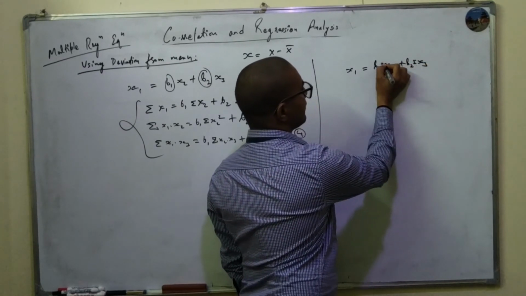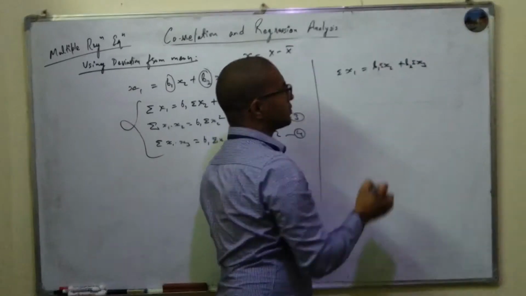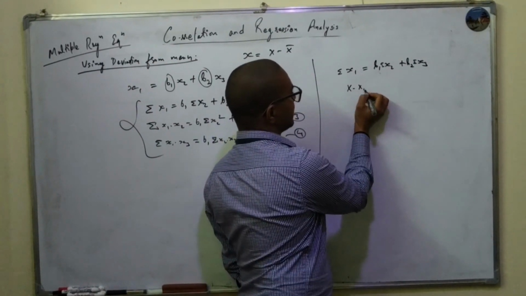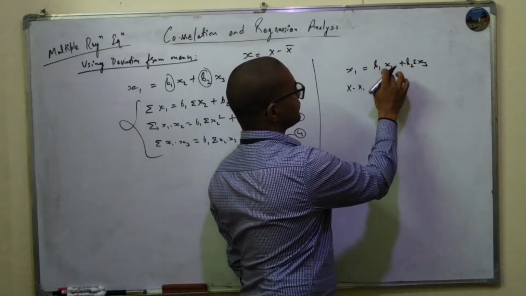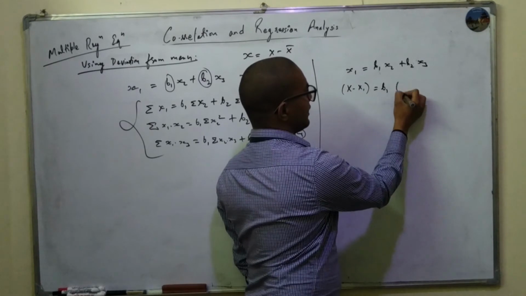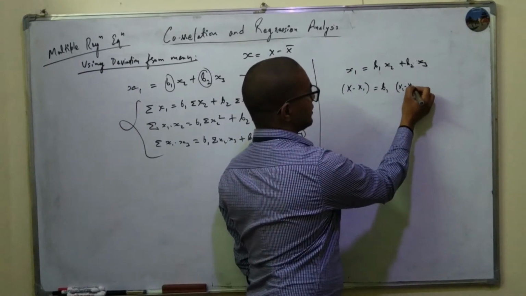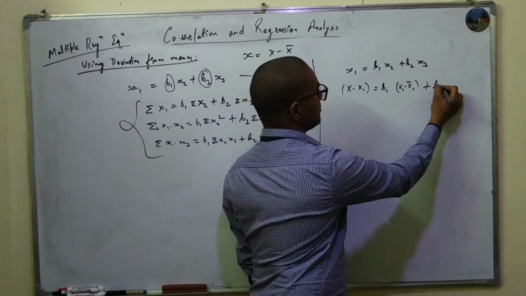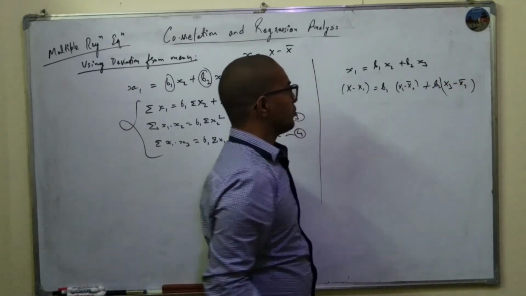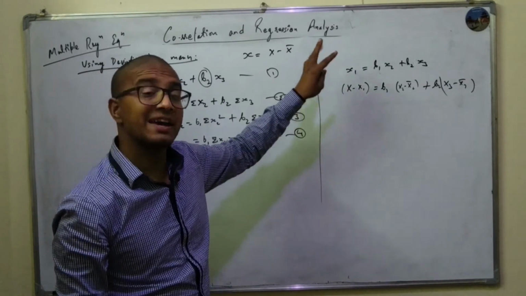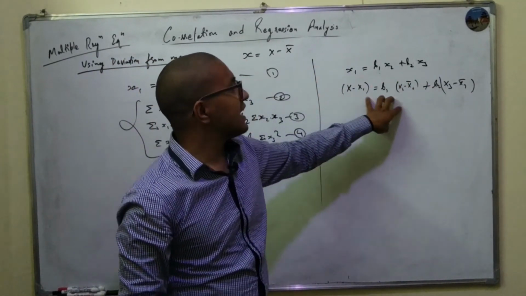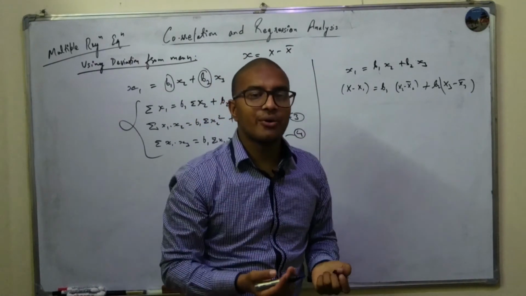Then we write x1 minus x1 bar equals b1 times x2 minus x2 bar plus b2 times x3 minus x3 bar. We only change this much at the end, then put the values in and we will get our answer.